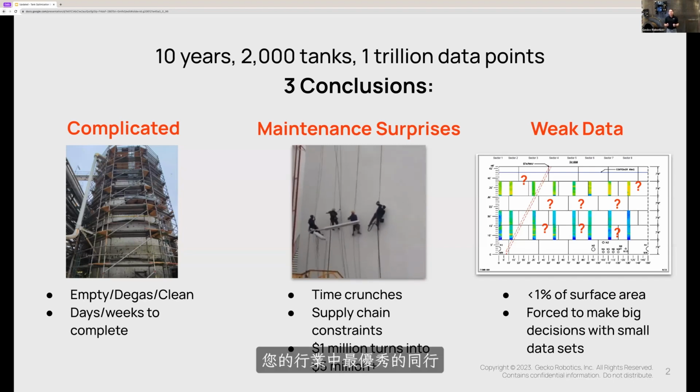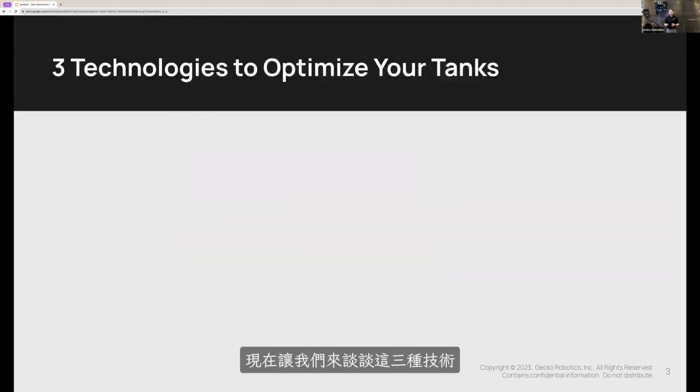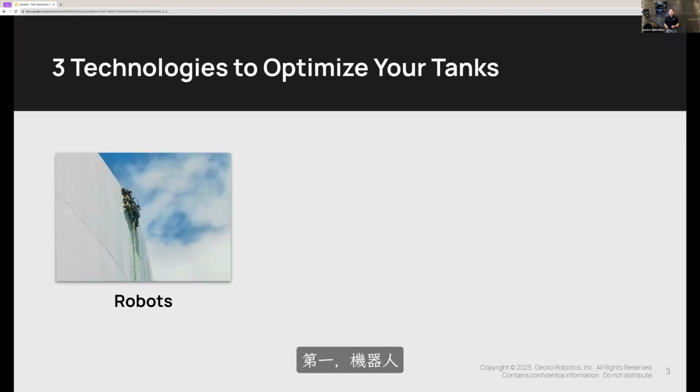In fact, your best-in-class industry peers have found that there's a new way to solve problems. And this new way brings 3 fresh ingredients to your table. So let's talk about those. The 3 technologies that your industry peers are finding very helpful are, number 1, robots, like the one in this picture, that are covered in ultrasonic, phased array, and other types of sensors that conduct a complete health scan over every square inch of your tank.